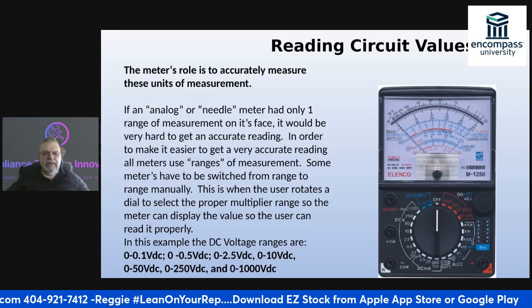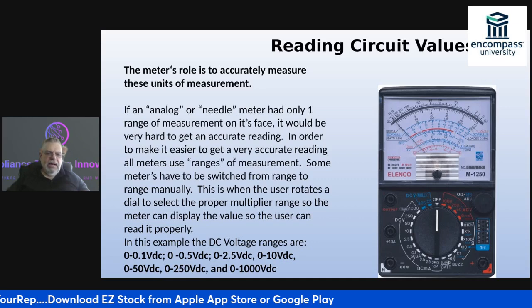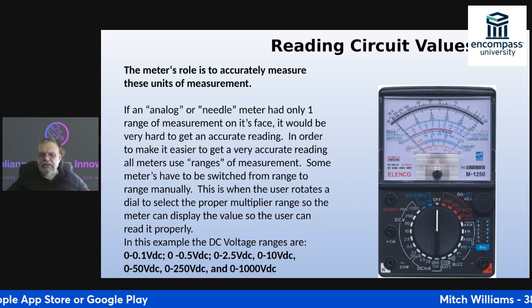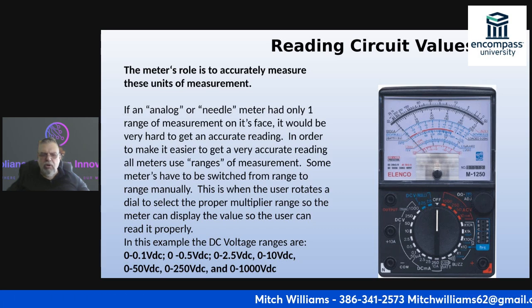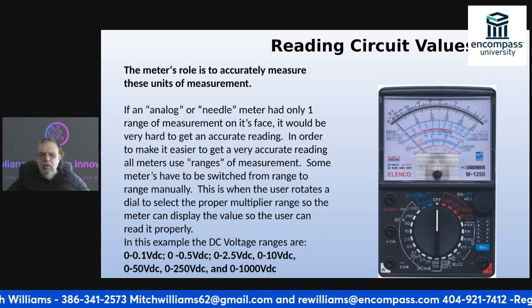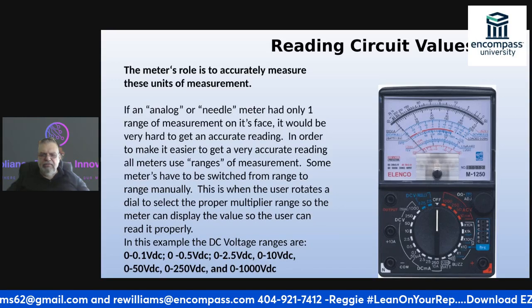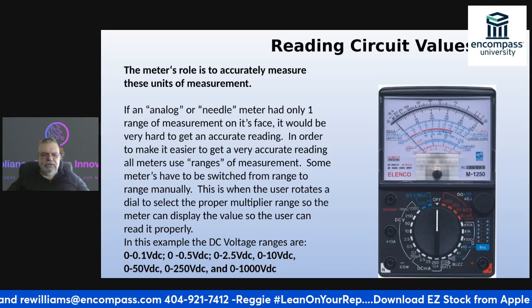Okay, an example of the DC voltage ranges are 0 to 0.1 DC volts. So if you look down where it says DCV, you see 0.1. You see 0.5, 2.5, a 10, a 50, a 250, and 1,000.